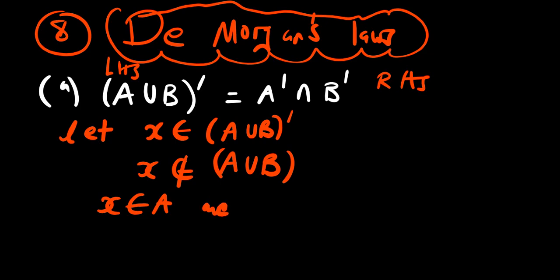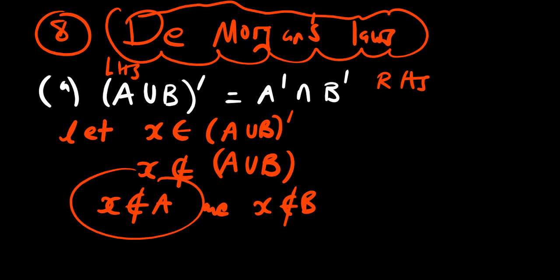If X is not a member of A, what is X going to be then? Meaning X will be a member of A complement, right?